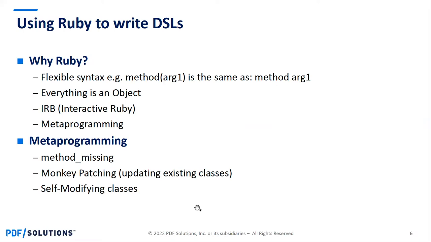So using Ruby, again, I mentioned Ruby is really good at writing DSLs. And why? Because Ruby has a very flexible syntax. For instance, you can write a method in Ruby with method, parenthesis open, argument, parenthesis close, but you can always also leave out the parentheses. So it gets a different look. Lazy people write it without parentheses.